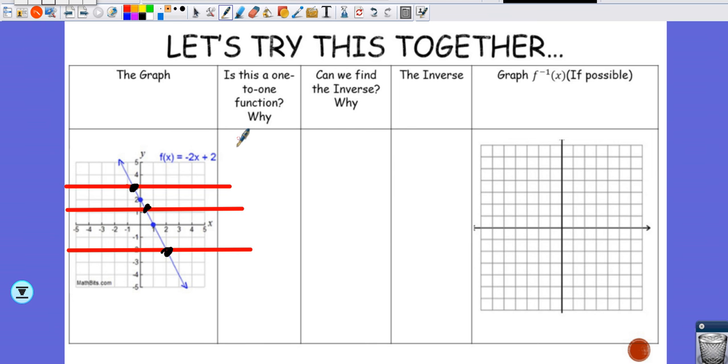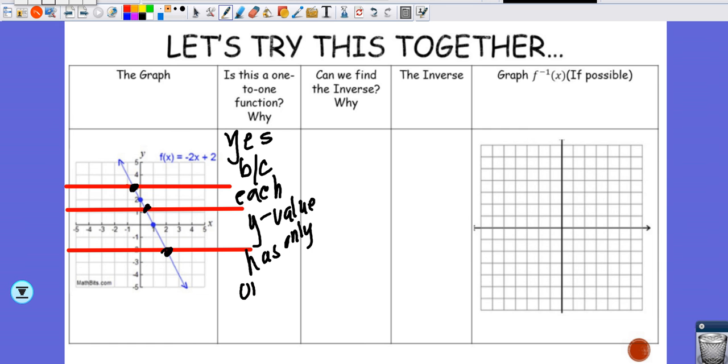So here we're going to say, yes, this is a one-to-one function, because it passes the horizontal line test, or, to go a little deeper, because each y value has only one x value as the output. Okay, so we're good with that.